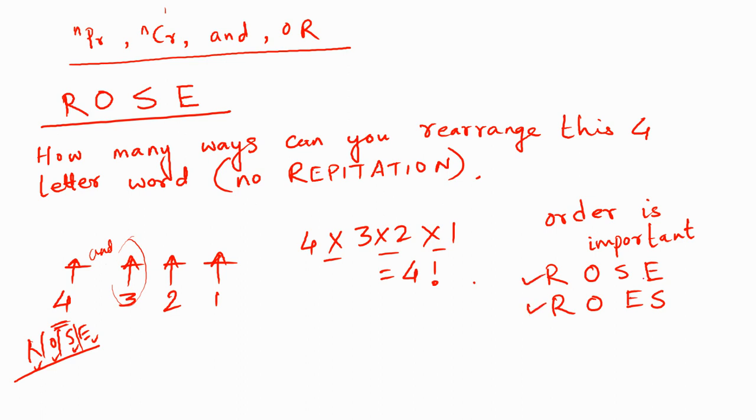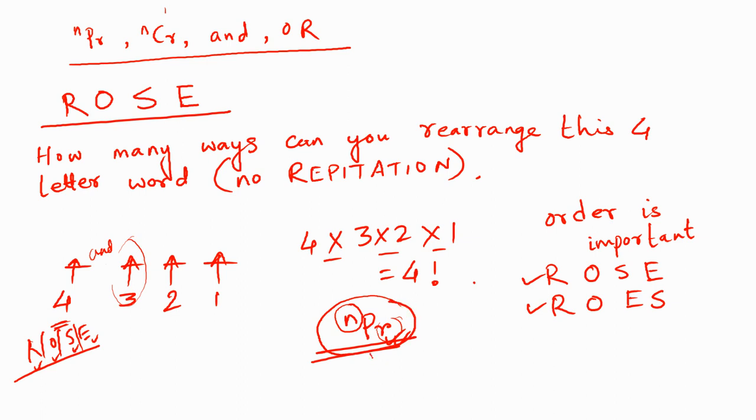It's not that the four letters are the same so both are the same. No, we consider both as different. So order is important. And what is nPr? Here we are selecting r terms from n terms where order is important. We gave a formula for nPr and derived it in the previous video.